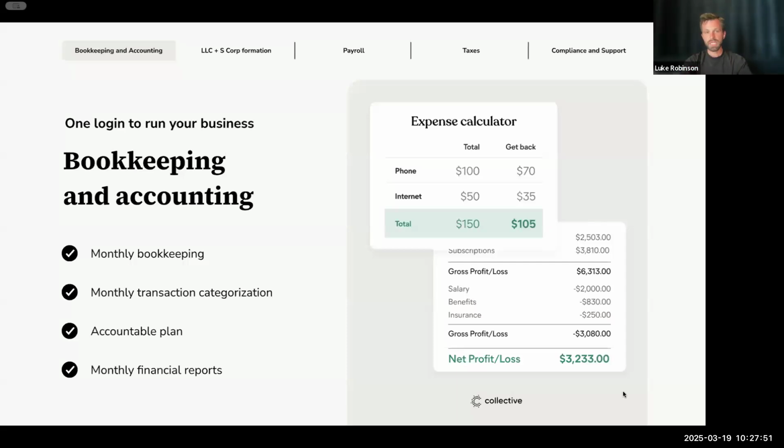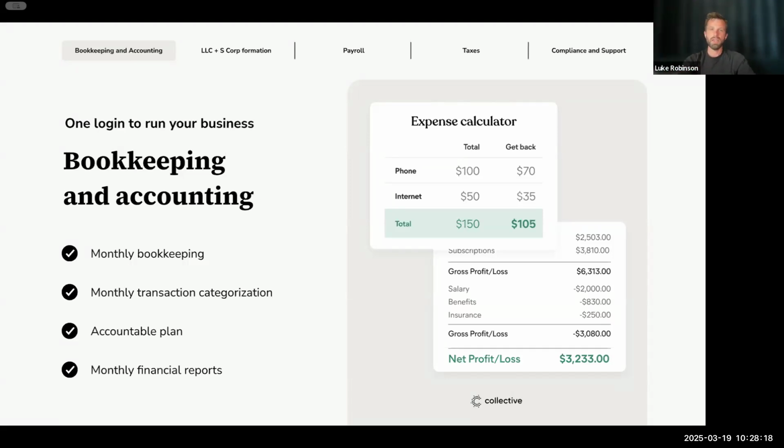Long story short, it's one login to run your business, whereas previously, before us, your logins were all over the place. To run an S Corp, you had to log into a payroll account, log into a bookkeeping account, and email a CPA in your Gmail account and expose your information to PII and all that kind of stuff.